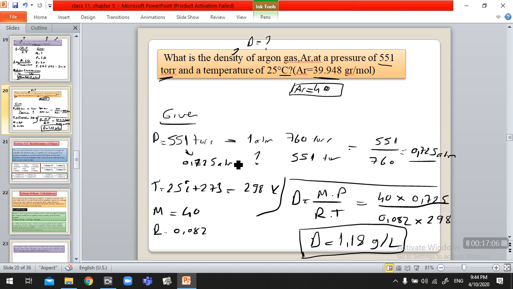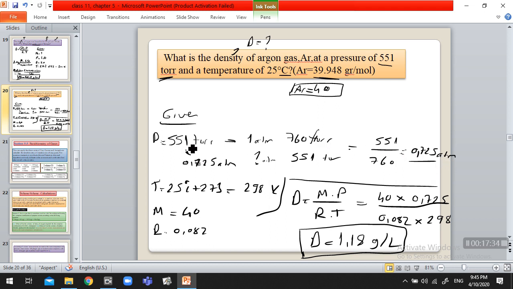So let me explain again. The unknown is density. So the givens are what? Torr. How can we convert the torr? Guys, this is 551 torr. 1 atm is how many torr? 760 torr. And how many atm equals 551 torr? If you divide by 760, you find 0.725 atm.